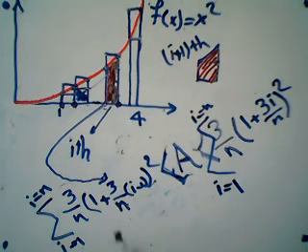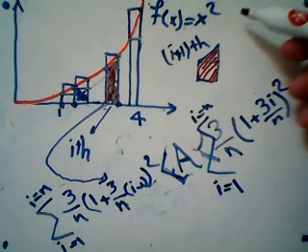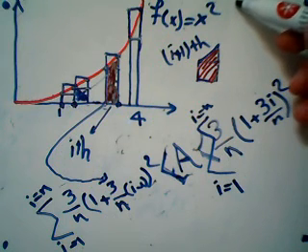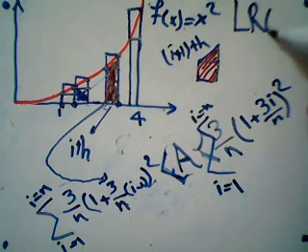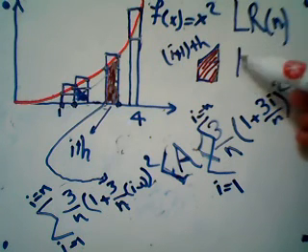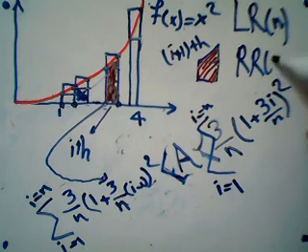Anyway, this sum, the left Riemann sum, is a function of n. So here we show that by LR of n, left Riemann of n, and the right Riemann of n. Okay, now let's calculate them, the left and right Riemann sums.